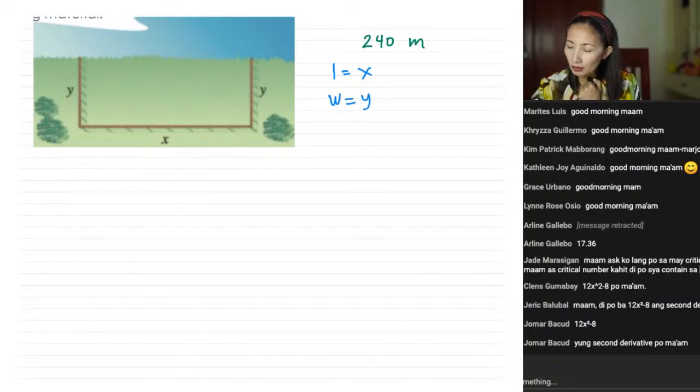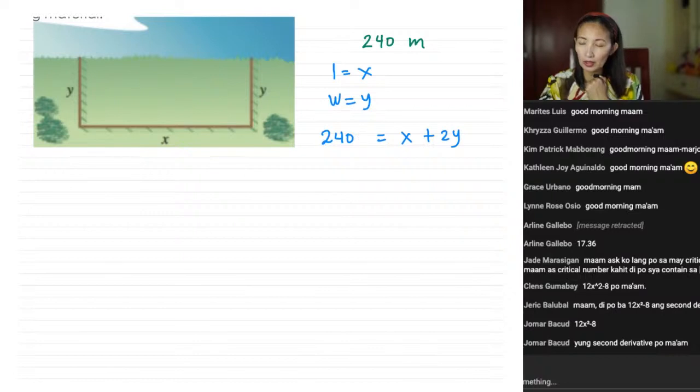By the amount of material, 240 meters is equal to x plus 2y. We disregard the unit first; we will only make use of the unit after we have found the dimensions. This problem asks for dimensions, that's why we made use of two variables, x and y.